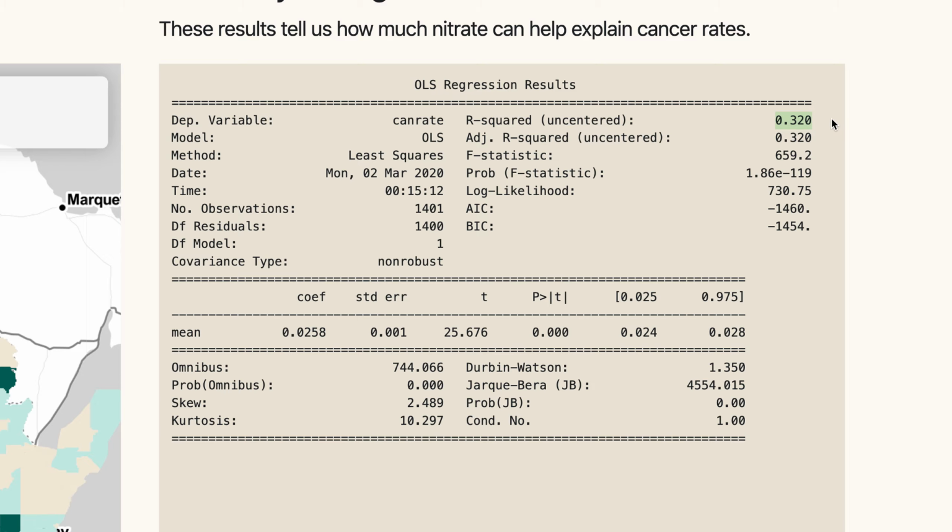And number two, if we can trust the R-squared value. That's basically the job of everything else here. The R-squared value in this analysis was 0.32, suggesting that nitrate concentration in drinking water could explain 32% of the cancer rate per census tract, as long as the R-squared value is trustworthy.